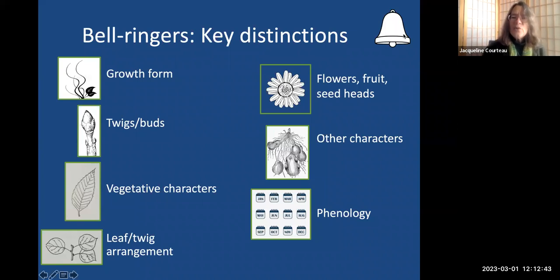So I'll try to put a bell when there's an important concept, but I'm also going to try to key you in a little bit to some of the key characters using these symbols. And I wasn't 100% consistent using these because sometimes the slides just got too crowded, but I tried to sort of highlight which things are the distinctive characters that allow you to differentiate between the invasive and the native.